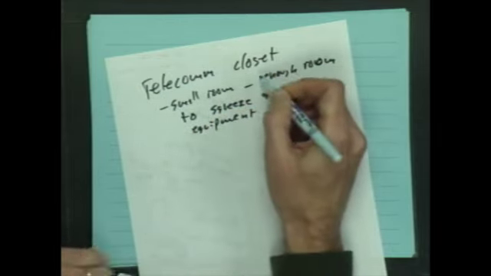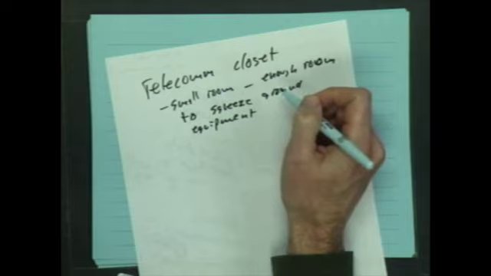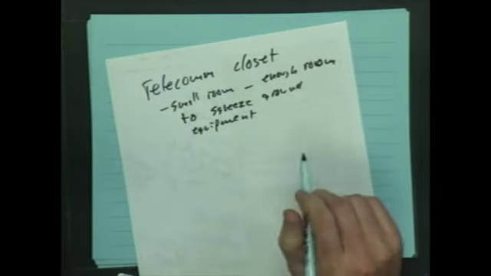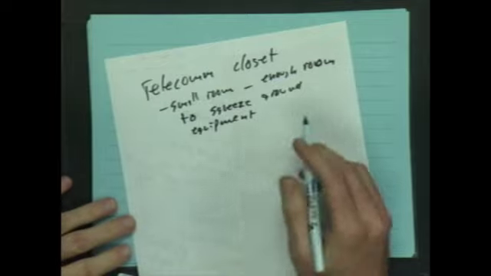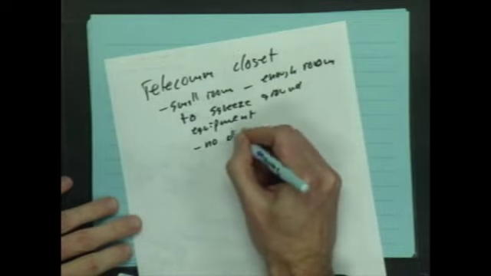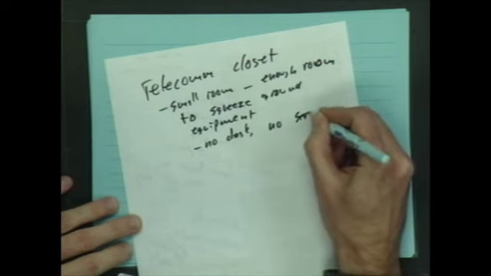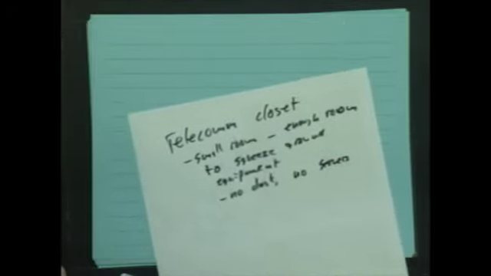This closet is small, right? I need to be able to get behind things, but it doesn't need to be big and pretty. There's not going to be a desk, not going to be any servers, and no PCs in here. So a telecom closet is just going to be a small room.